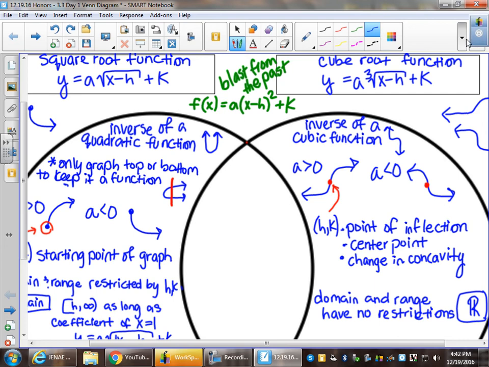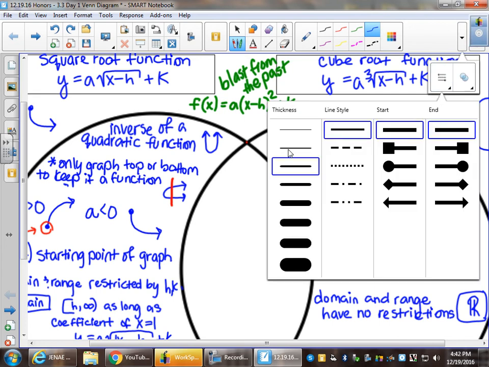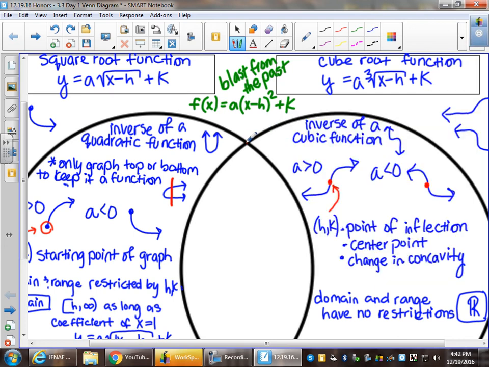Well, with quadratics, h was a horizontal shift, and that will be the same here as well. H is a horizontal shift, left or right.